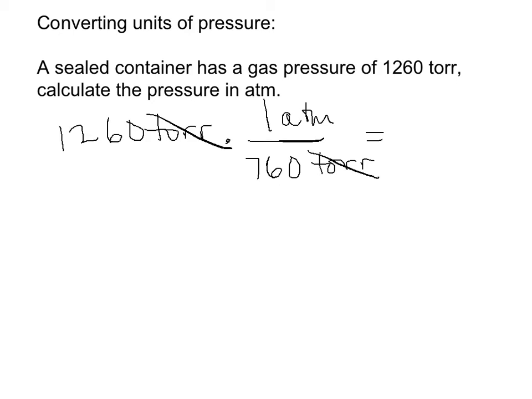And I get a number with a string of decimals. However, I should be limited to 3 sig figs because this number only has 3 sig figs. Only the 1, 2, and the 6 are significant. The 0 is not. There is not a decimal. So I must round my answer to 3 sig figs. It should be 1.66 atmospheres.